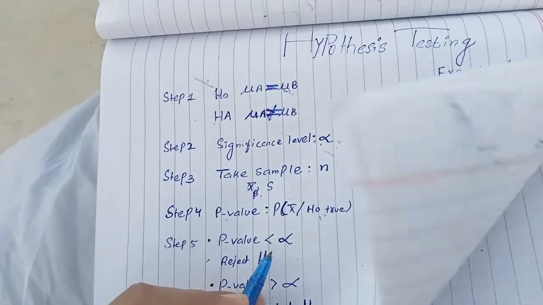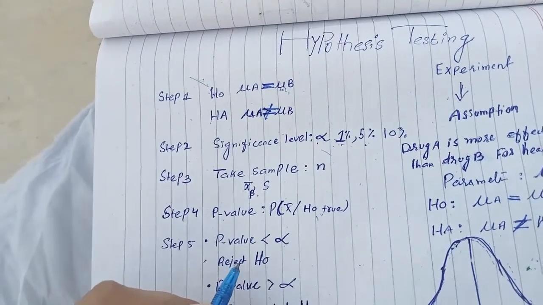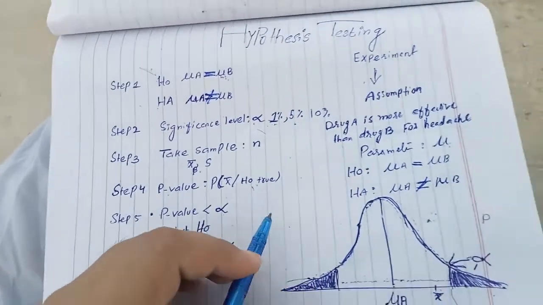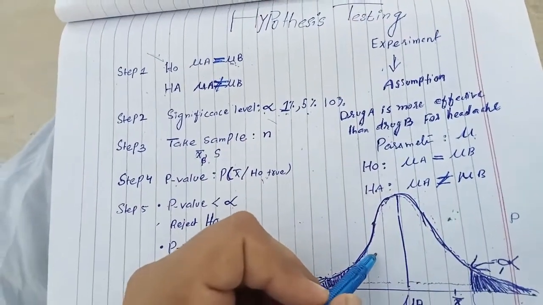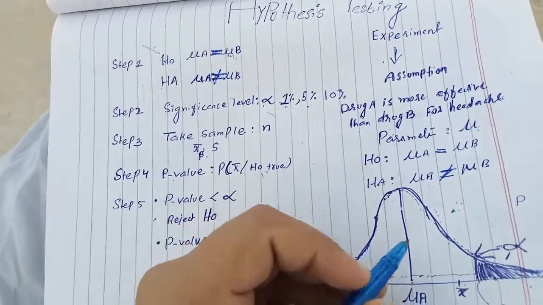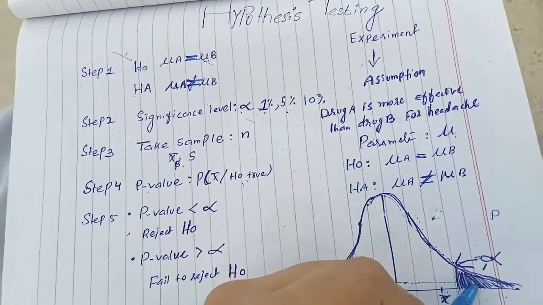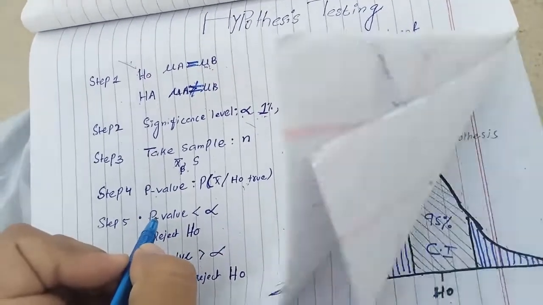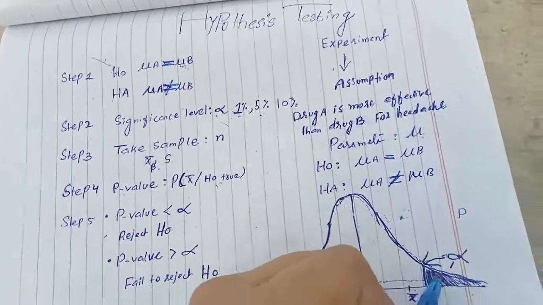If the p-value is less than alpha, we reject the null hypothesis. It means the probability in this distribution is present in this region. The p-value of the score is present in this blue region.